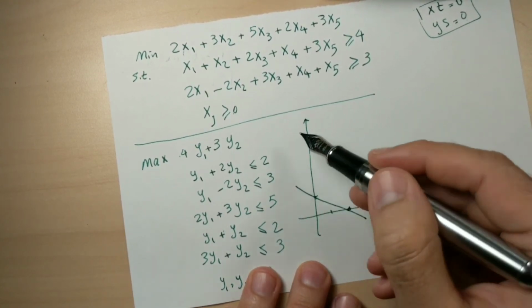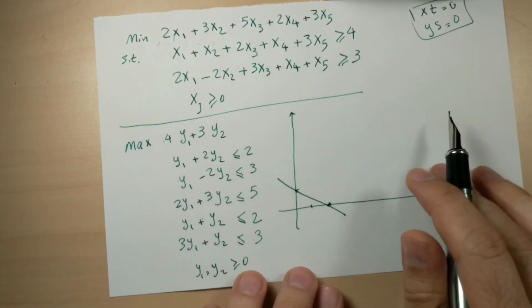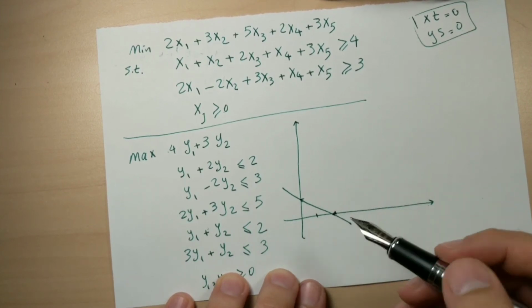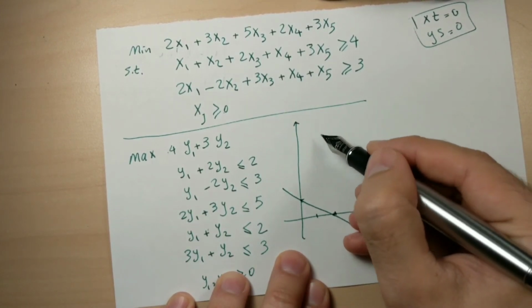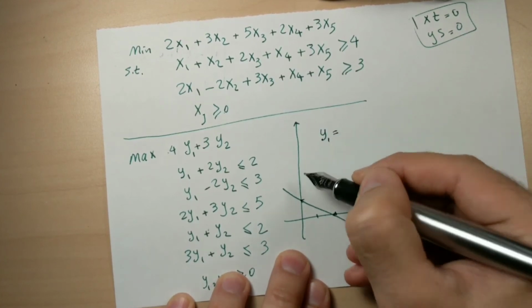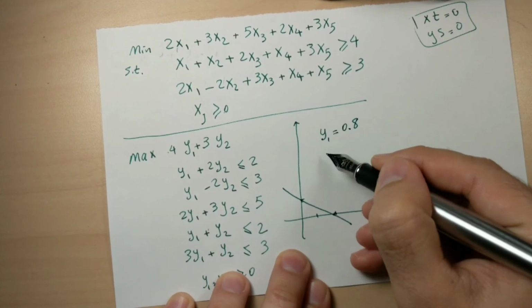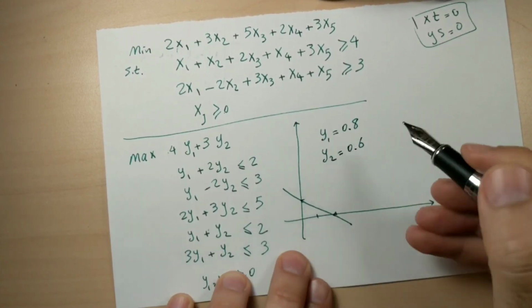I don't want to spend time on finding the solution of the graph because I already had a lot of examples of solving the problem through graphical methods. So I'm just going to check the optimal solution of this problem. After solving it through the graphical method, it's 0.8 for y1 and 0.6 for y2.